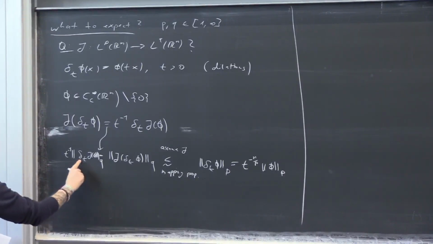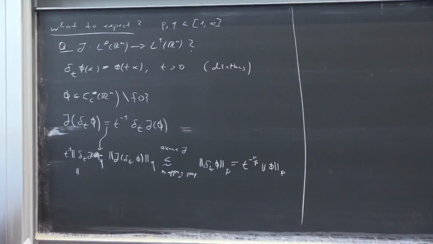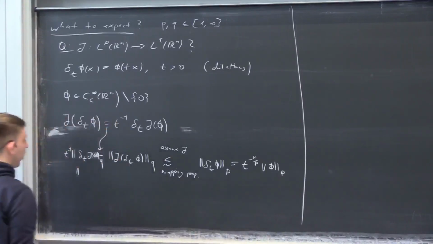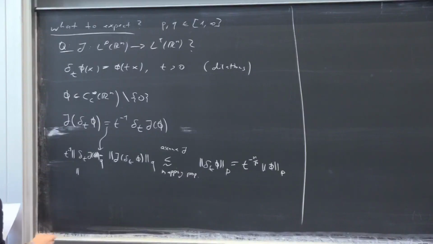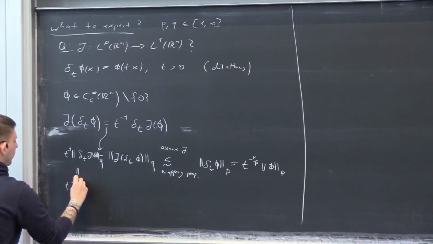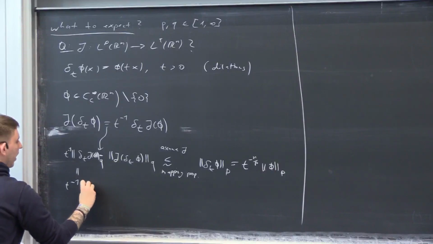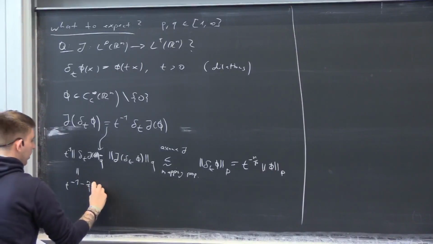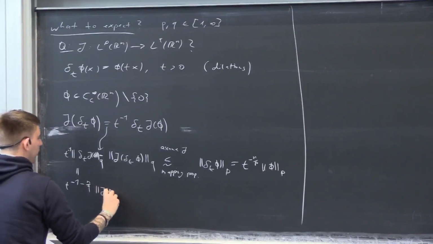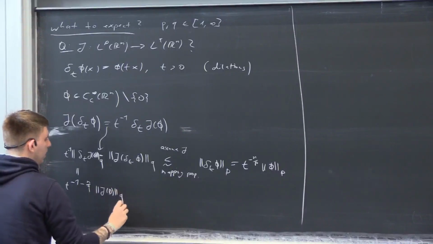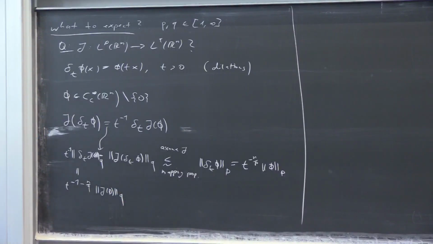Here we have again a dilation of some function. The function is now J phi and not phi. So as above, this is t to the minus 1 minus n over q times J phi in q norm.